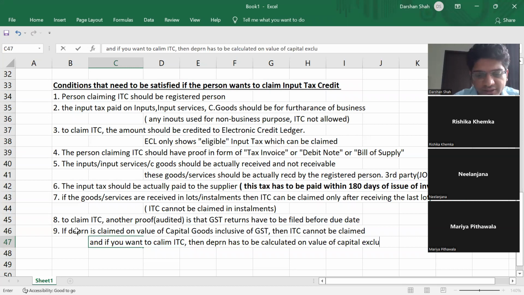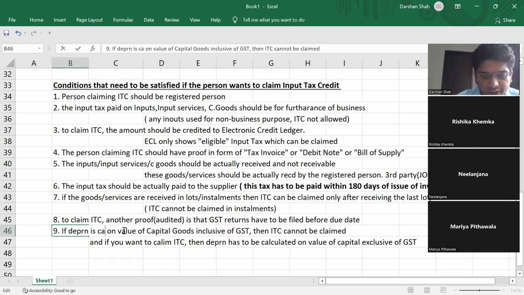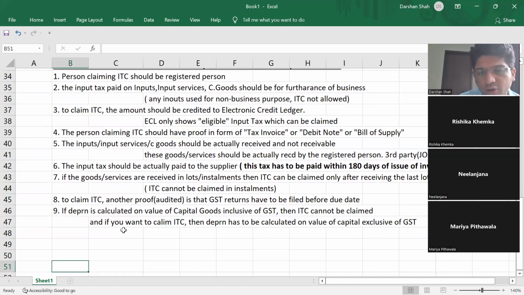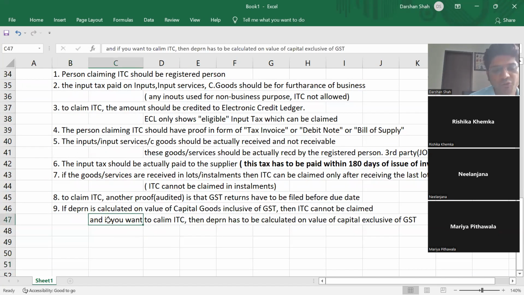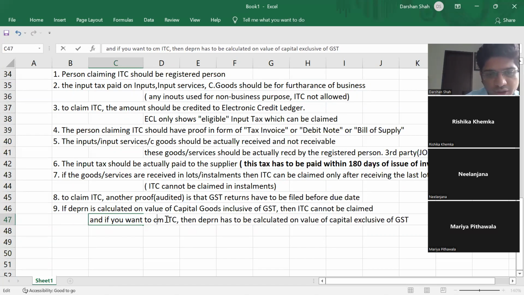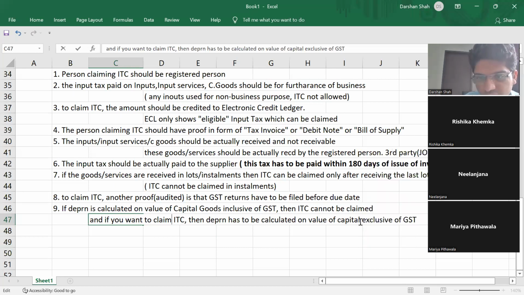I'll explain this with an example. So if depreciation is calculated on the value of capital goods inclusive of GST, then ITC cannot be claimed. And if you want to claim ITC, you'll have to change your depreciation method. Then depreciation has to be calculated on the value of capital goods exclusive of GST.